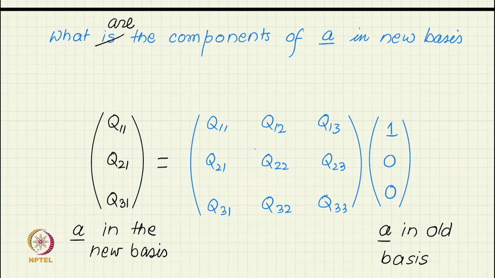But this column is nothing but the first column of the matrix. You can see this. By multiplying by 1 0 0, what we have done is essentially pick out the first column of the matrix. Which means the first column of the matrix is nothing but the first old basis vector expressed in terms of its new components.